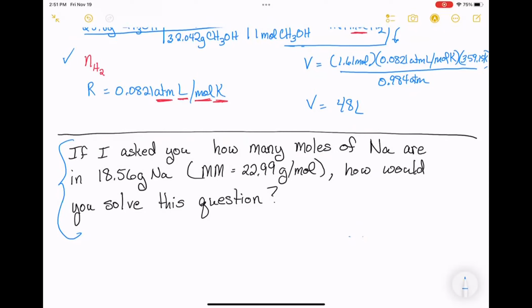How would I solve the question that I've asked for? I'm going to need the molar mass of sodium, or the gram to mole ratio.